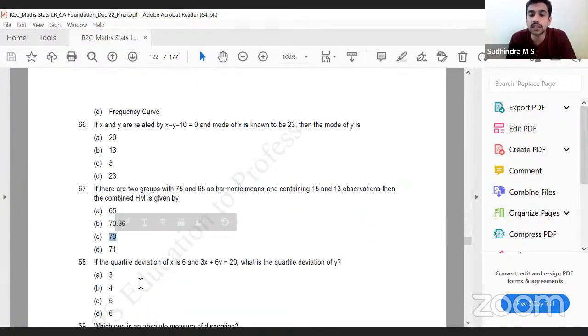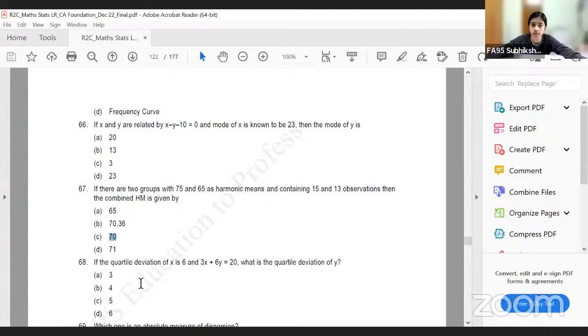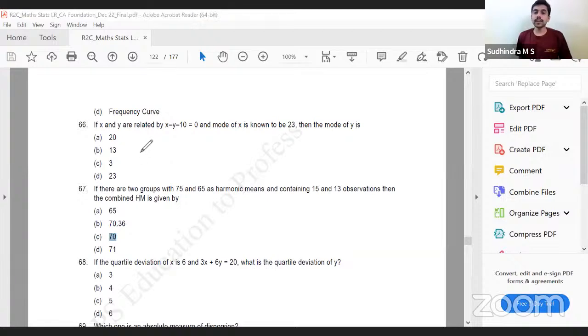Quartile deviation of x is 6 and 3x plus 6y is 20. What is the quartile deviation of y? I'll express it in the form y is equal to a plus b into x. So 6y is minus 3x plus 20, or y is minus 3x plus 20 divided by 6, which is minus 3 by 6, or minus 1 by 2 x, plus 20 by 6.